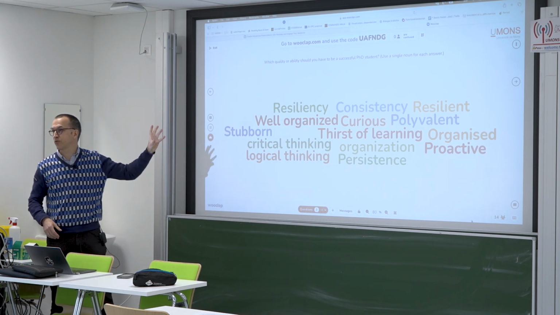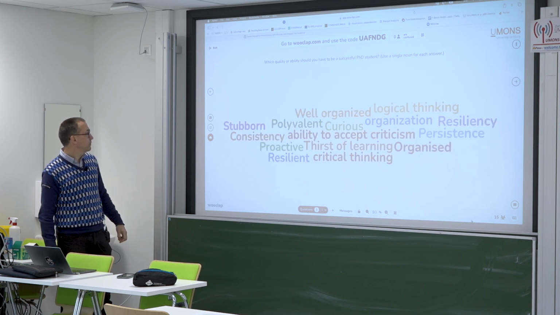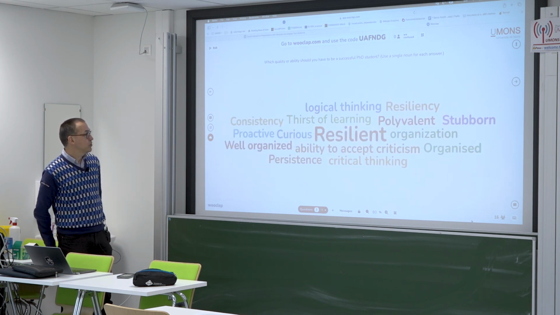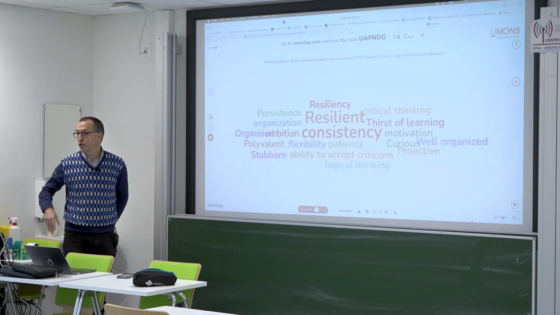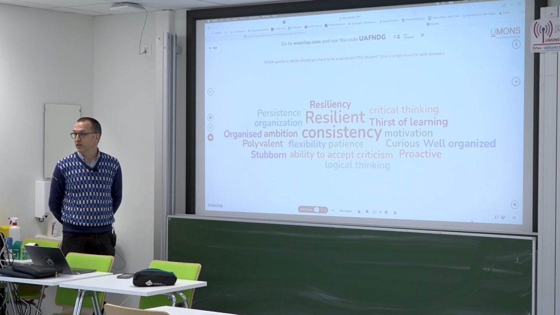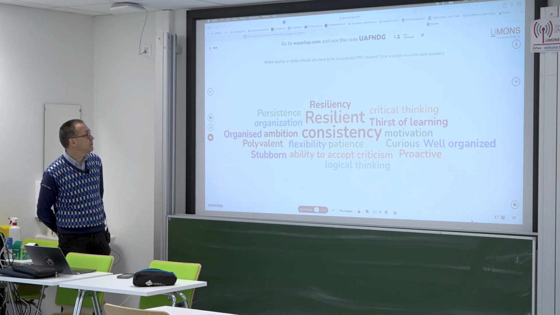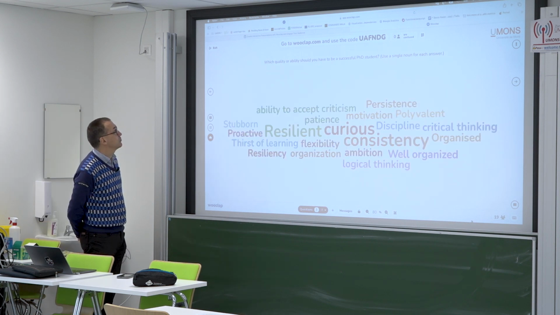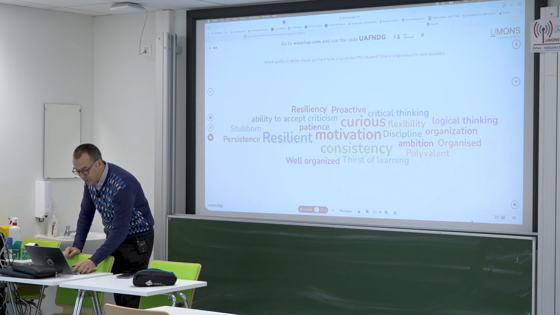I will clean this up later. But we already see some qualities that will probably appear. I will show you the results I got from the last time I gave this presentation, and I don't expect this to be very different. So you can continue to add more words if you can think of something.